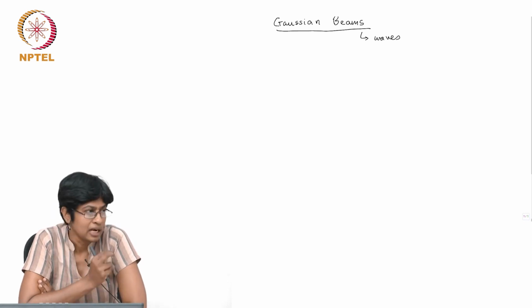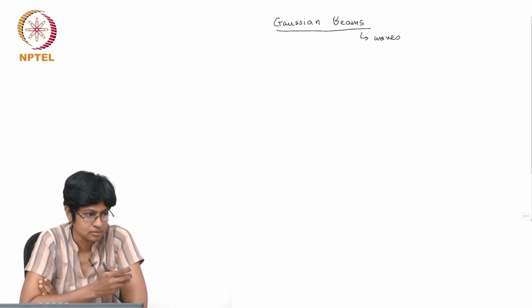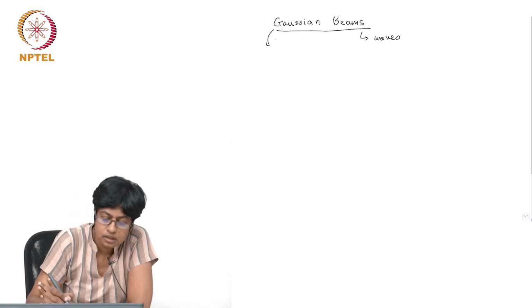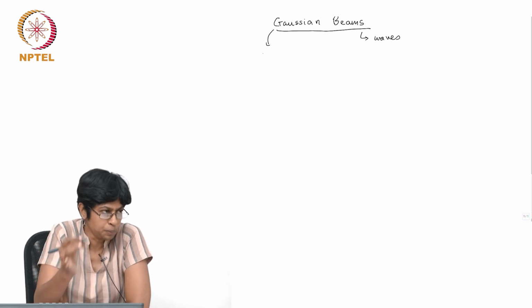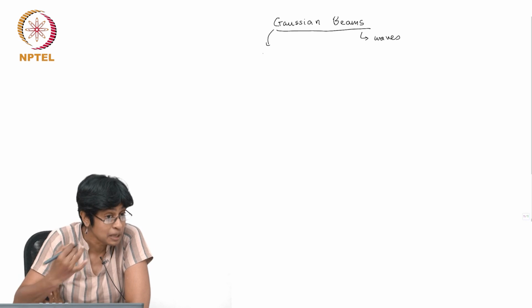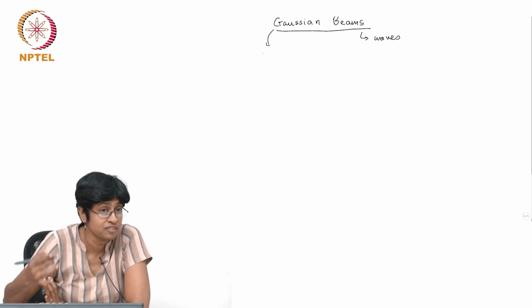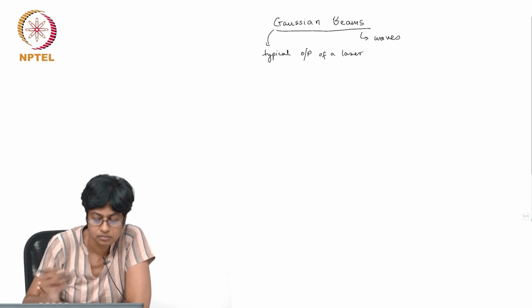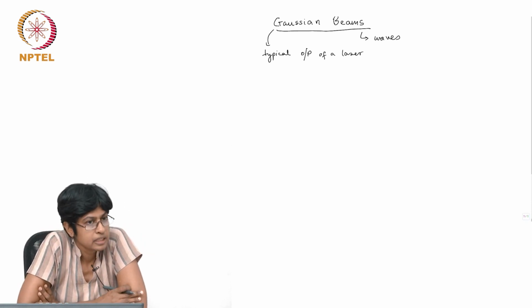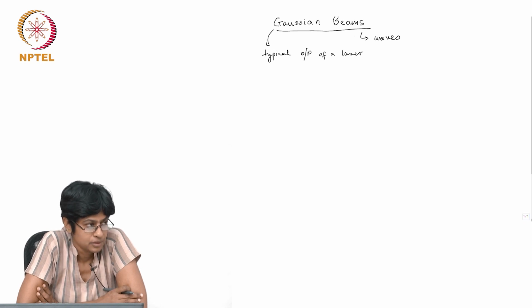And the typical output of a laser, if I had to pick and say what is the output of a laser, the light coming out of the laser can be in a variety of modes, but the typical output of a laser is a Gaussian beam. Okay. So that is one very crucial reason why we look at Gaussian beams.